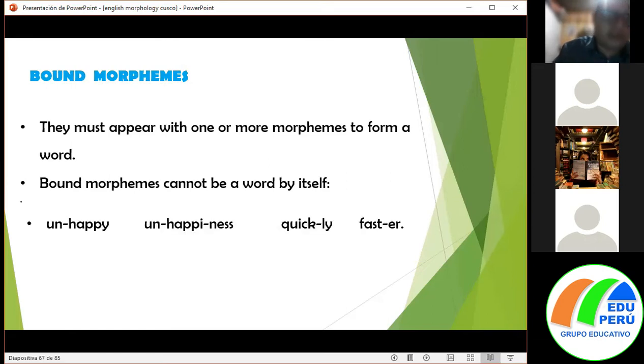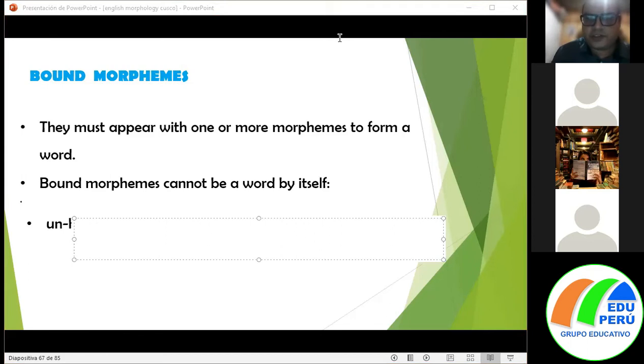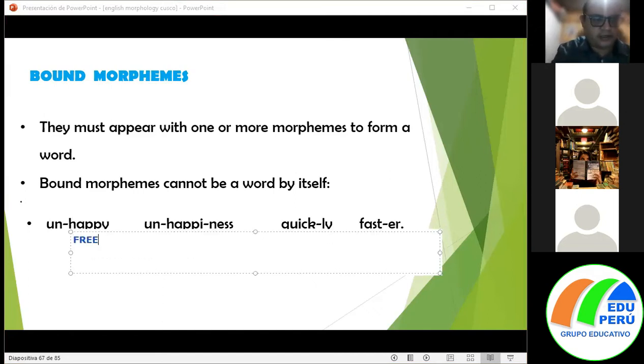For example, you have this: unhappy. Happy is the free morpheme, because you can write happy alone. You don't need any other thing to write happy as a word. But notice the previous part, un. It is the bound morpheme.